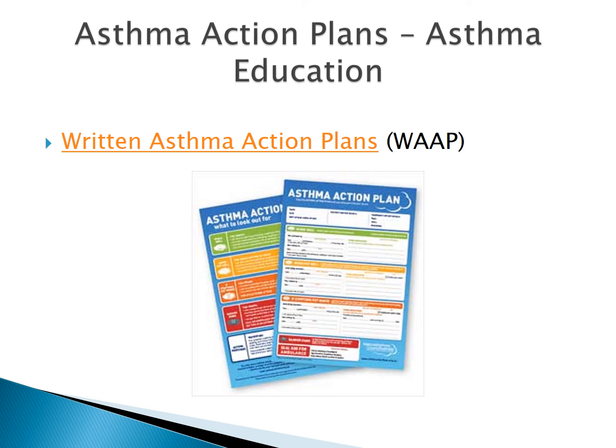Some of the latest work they're doing around written asthma action plans is developing an app that would provide that information, so you don't have to have a piece of paper in your pocket, or your mom has to have it in her purse, that you can actually have access to it on, say, your cell phone as an app.